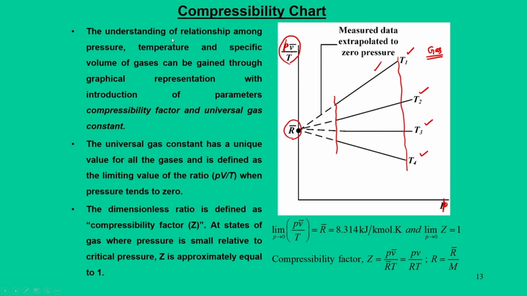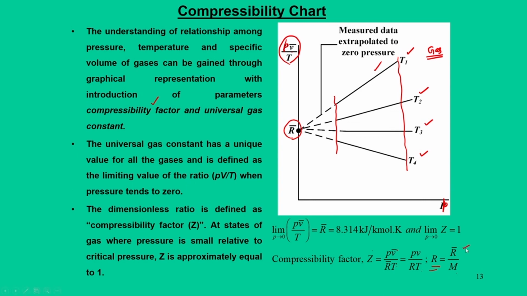The relationship among pressure, temperature and specific volume of the gas is represented through a parameter. The first one is the compressibility factor, which we introduce as Z equals P V bar by R bar T, or PV by RT, where R stands for R bar by M, and R is your gas constant.